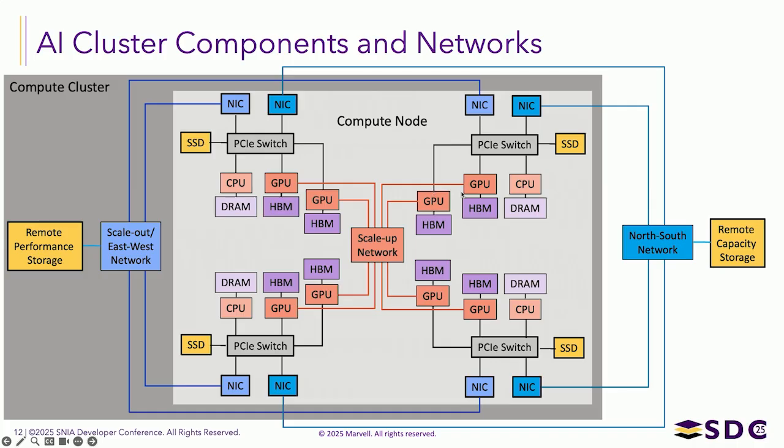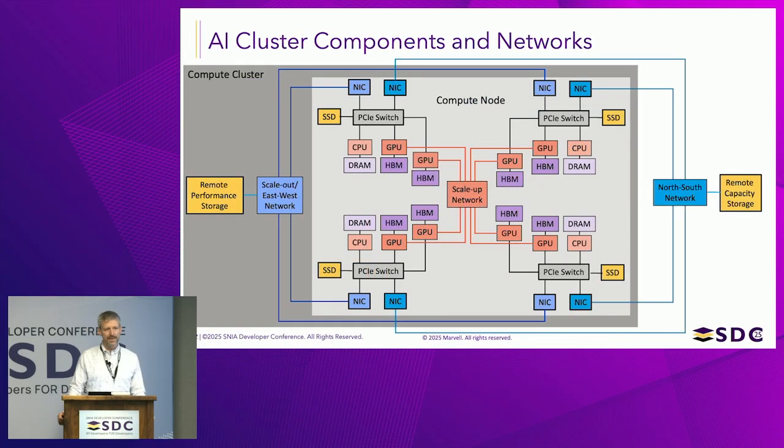And then all the GPUs are connected to each other using a scale-up network. So that could be PCIe, it could be proprietary schemes like NVLink, but there's also a new standard that was published, UALink, that helps to connect GPUs together so that you achieve very high bandwidth and so that everything is cache coherent from a memory perspective.